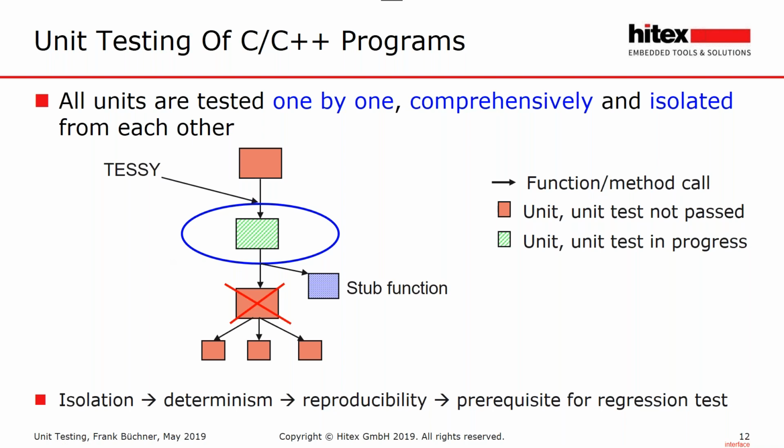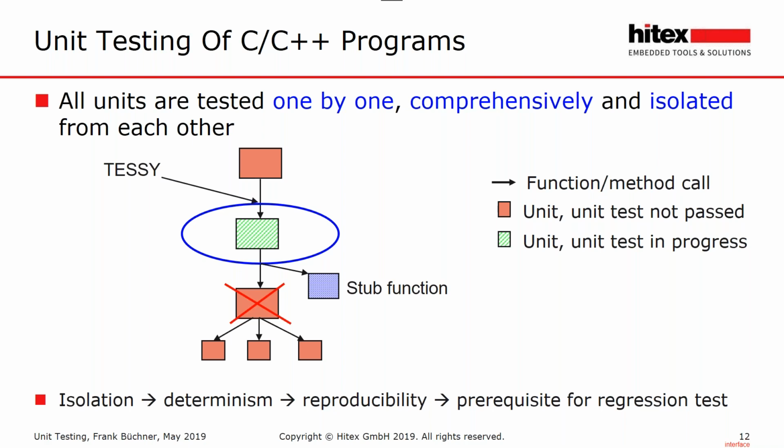So after all, everything is deterministic, which means you can repeat the tests, you have reproducibility of the tests, and this is a prerequisite for regression testing, which you need to do according to several standards for safety critical applications. And it's clear that if you cannot repeat your tests, the tests are quite useless.